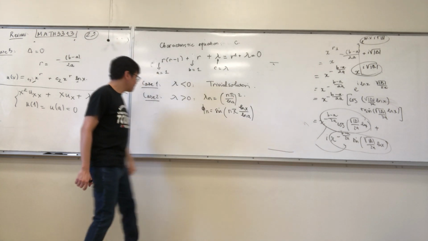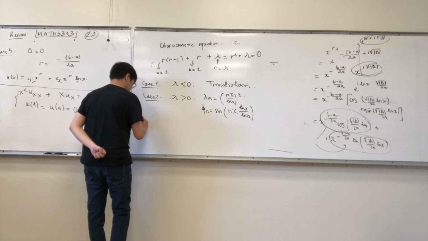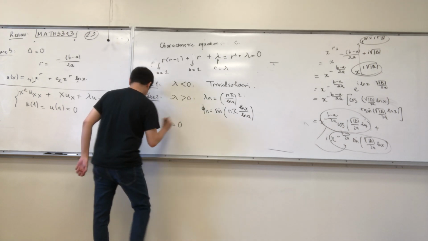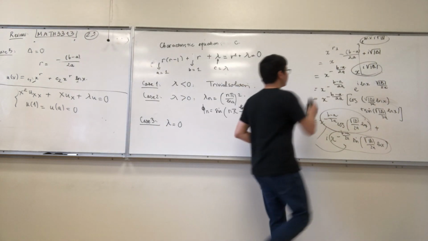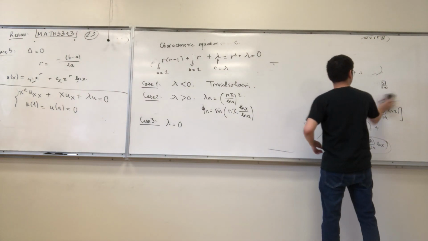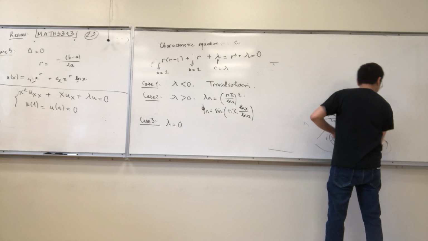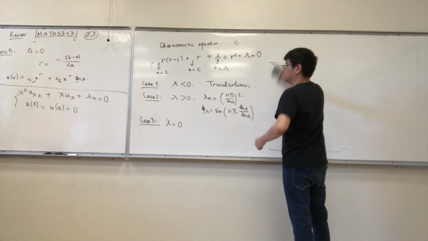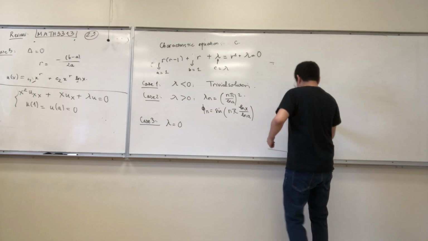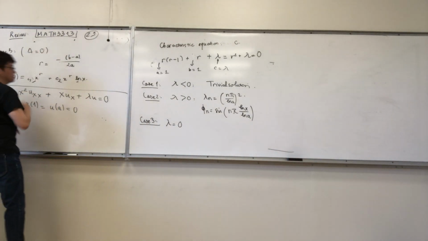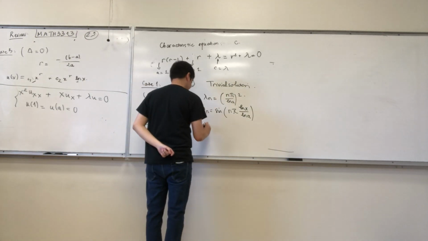All right? So case number 3. Lambda is 0. When lambda is 0, which means that here you have delta is 0, right?